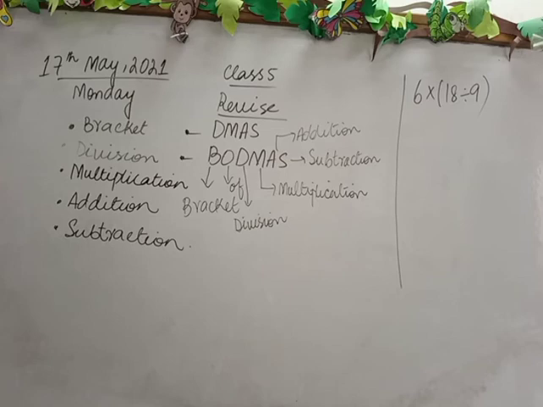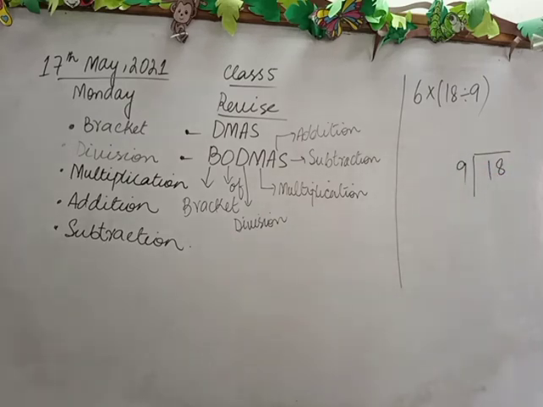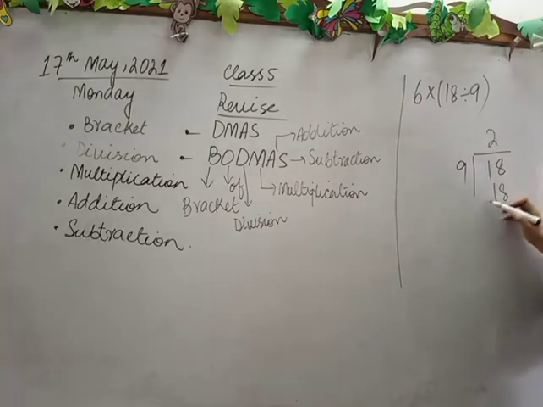If you look, in the bracket we have 18 divided by 9. So when we divide 18 by 9, we write 18 inside the division and 9 outside. I will read the table of 9 to find the nearest number to 18. 9 times 2 is 18.